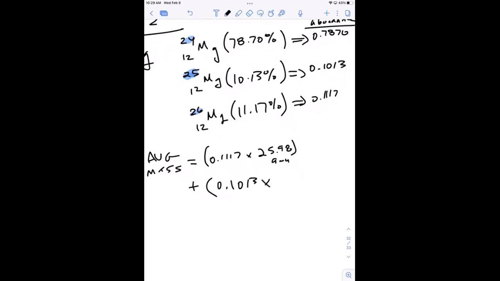All right, so then for the magnesium 25 isotope, it will be 0.1013 times 24.99, which is the exact atomic mass of that isotope, in AMU. And then it's going to be that plus 0.7870 times 23.98.